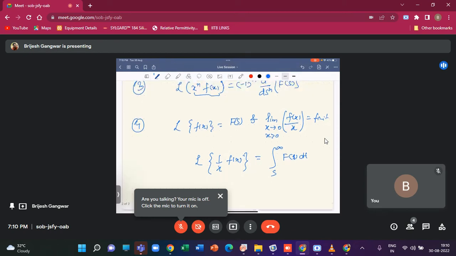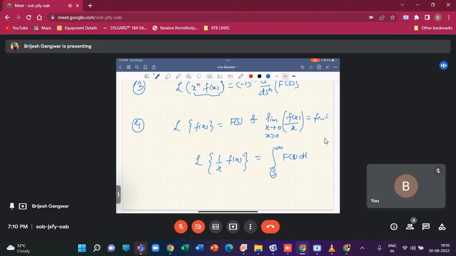Then when you solve the integration and put the limit, it again comes as a function of s. So this is one formula.